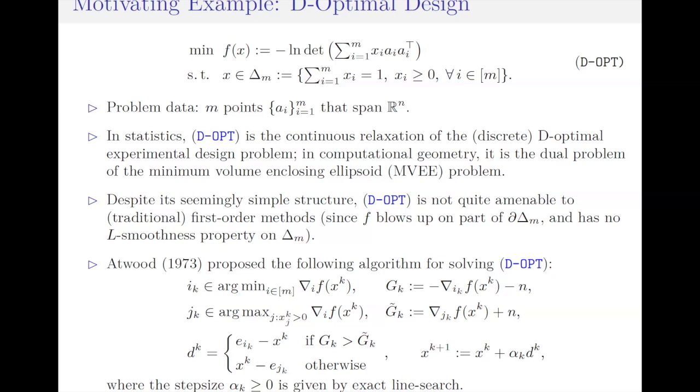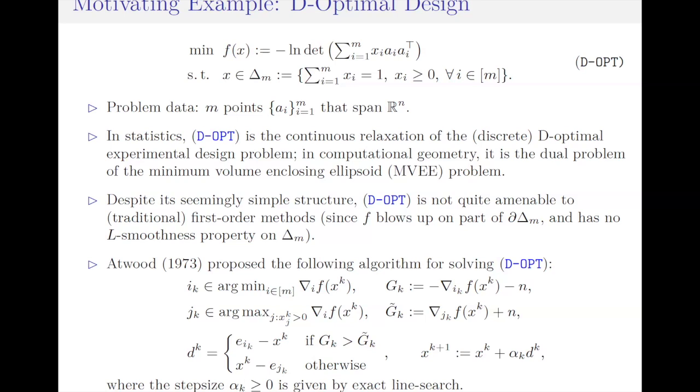The second step, which is really an extra component compared to the vanilla Frank-Wolfe algorithm, takes the same gradient on the support of the current iterate xk. Remember that x lives in the unit simplex. So on the support of the current xk, it computes the index with the maximum entry of the gradient.